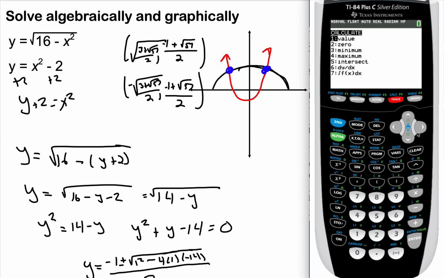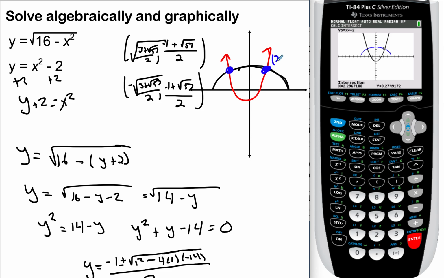Now let's do our second trace. First curve, second curve. Make sure we have the guesstimate because, again, you can't just mash enter here because there's 2 and it will give you an error. Okay? Nice. So I have 2.29, 3.27, and it should be the same y but a different x.